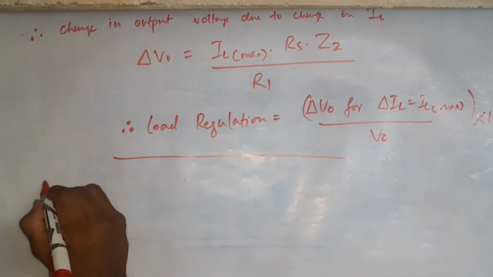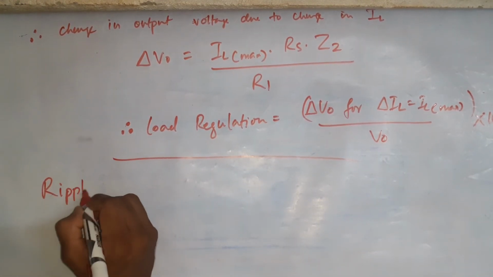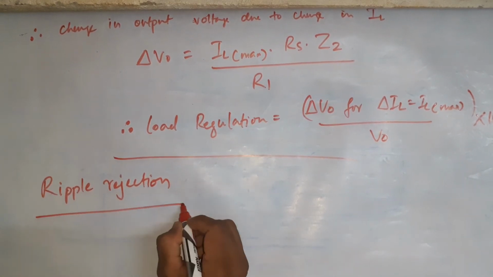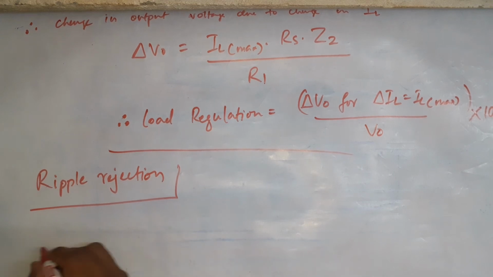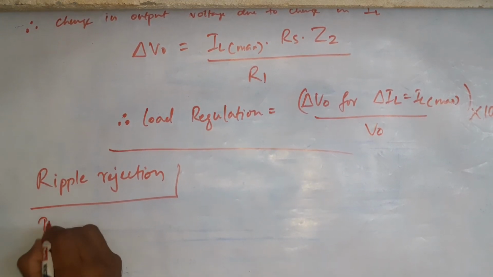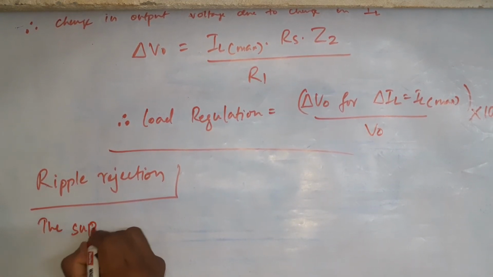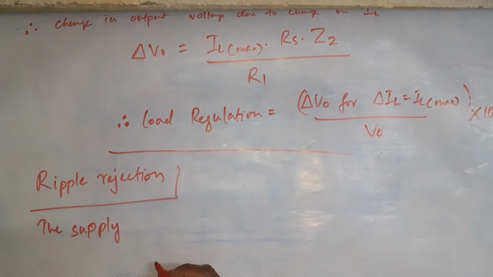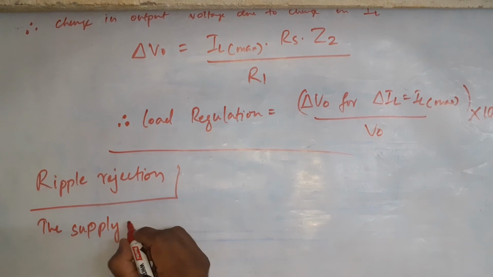Last, ripple rejection is remaining. You already know what ripple rejection is. I have shown you what VRS is in the graph, right?